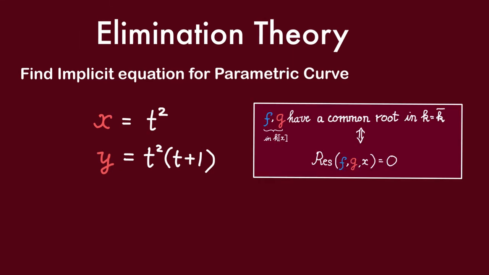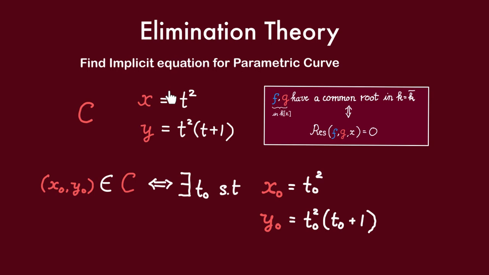Well, so far, besides the definition, we have only one alternative way to think about the resultant. We can think about it as a way of detecting whether or not two polynomials have a common root. So we need to rephrase this problem as a problem about common roots of some polynomials. And here's where we need to get a bit more creative.